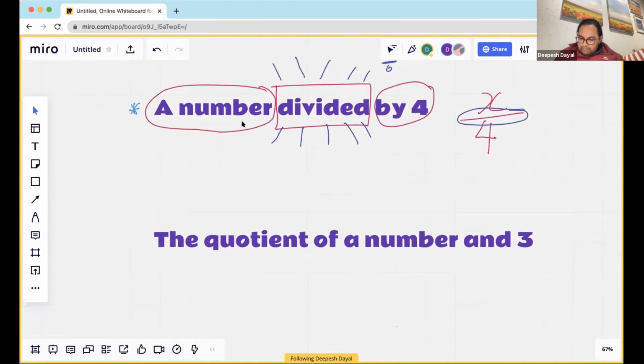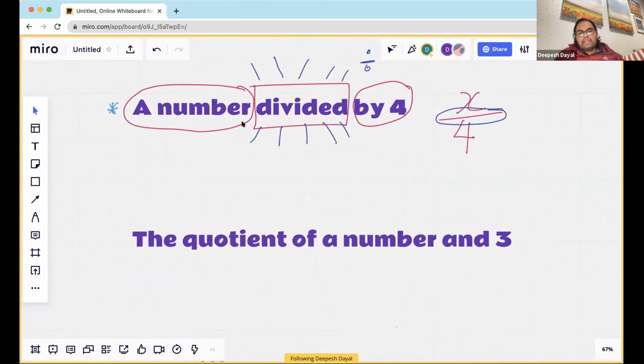The next one, the quotient of a number and 3. What will this be? Anybody want to take a try? X times 3. Okay, you've got x times 3. We've got x divided by 3.